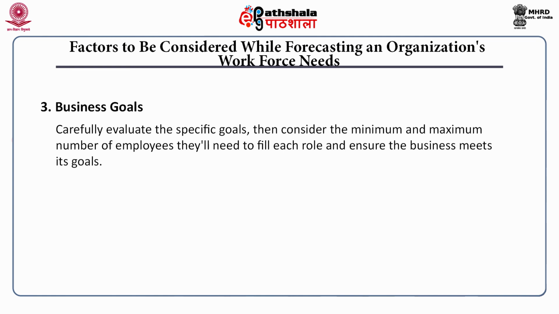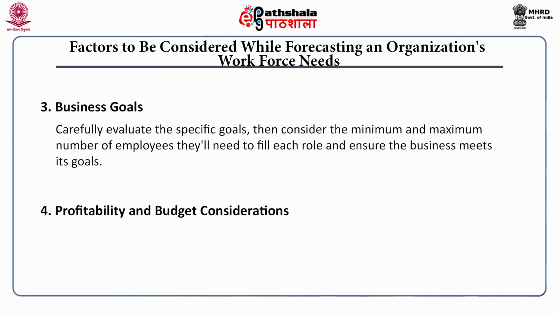The fourth factor is profitability and budget considerations. If an organization is struggling with lean economic times or trying to save money to expand its business, it may need to balance the need to hire competent employees with the goal of saving money.